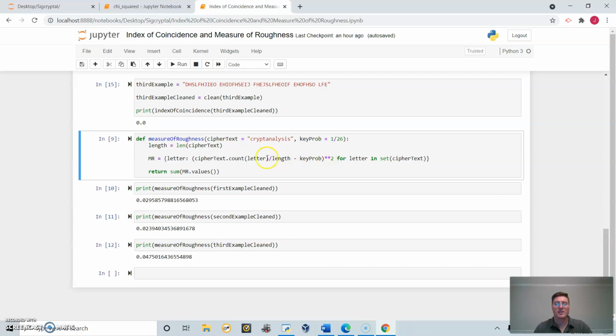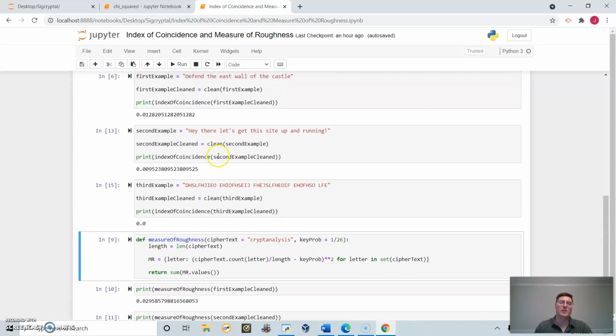And then you sum those together to determine your measure of roughness. In this scenario, the smaller the number, the better it is at determining whatever language you're looking at. So these smaller numbers correspond to English text.